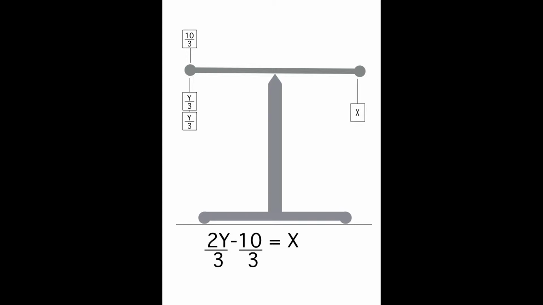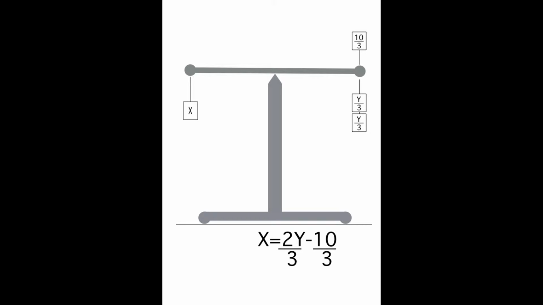So the 2y's have been divided into thirds and the 10 has been divided into thirds. And on the right-hand side I've got x by itself, which is basically what I wanted. I can now just swap them around. If they're balanced one way, they're always going to be balanced. It doesn't matter which side they're on.